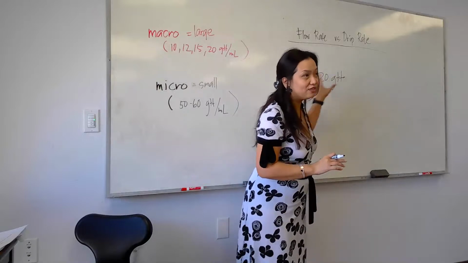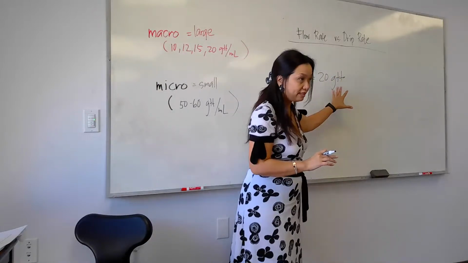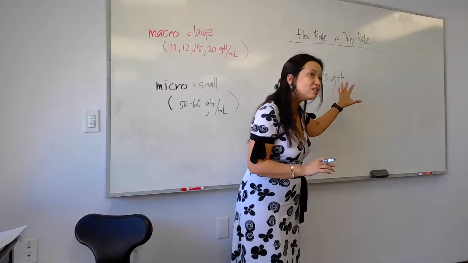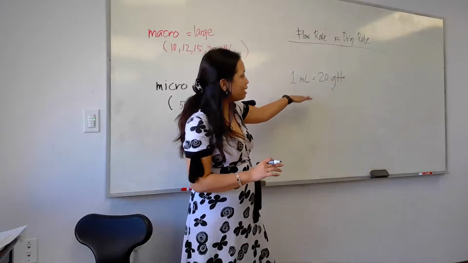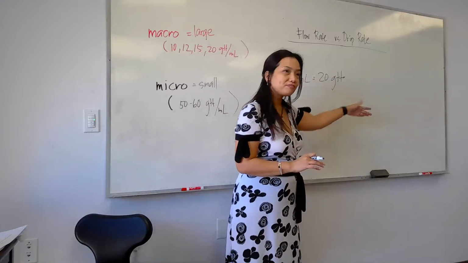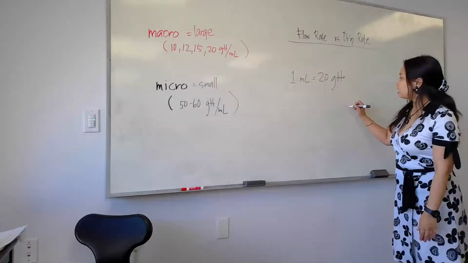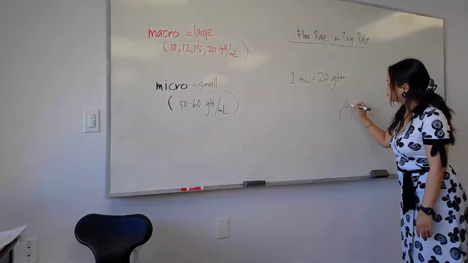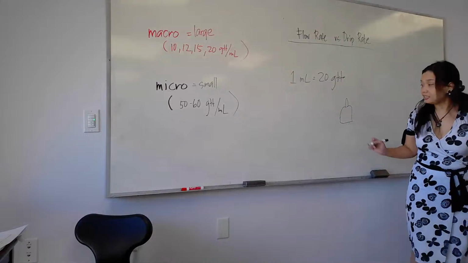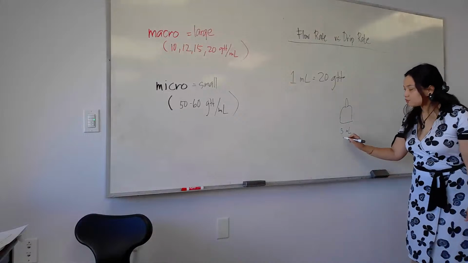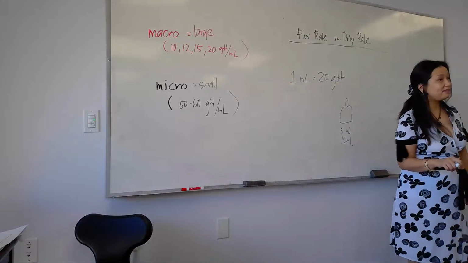They're not going to tell you this. You have to know this. So if you are to calculate the day supply, you have to know that 1 ml is 20 drops. Say usually an eye drop, I don't know how to draw, is either 5 ml or a 10 ml bottle, right?